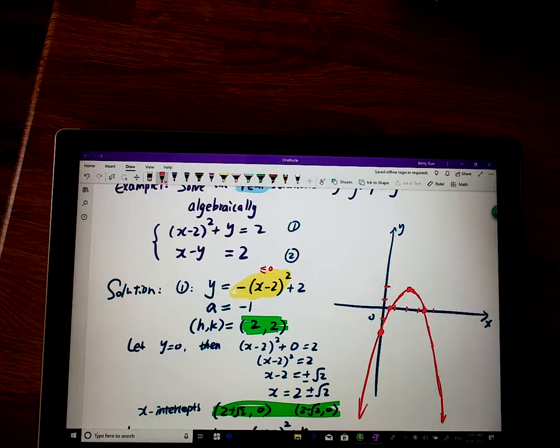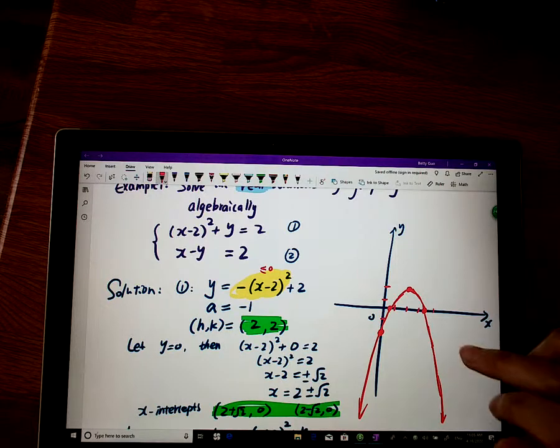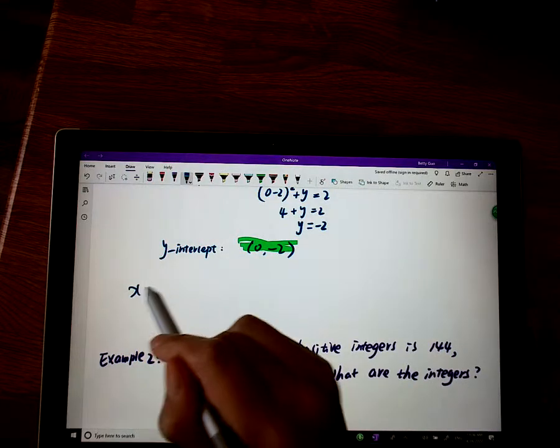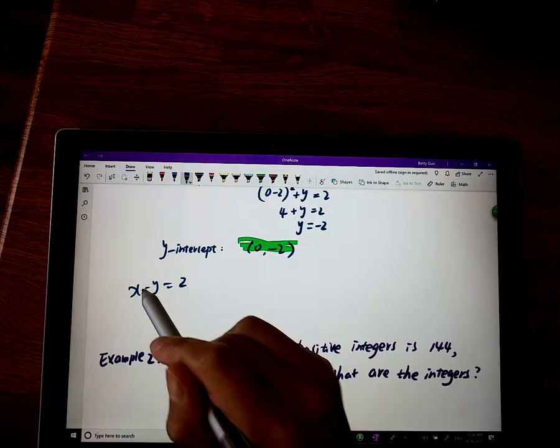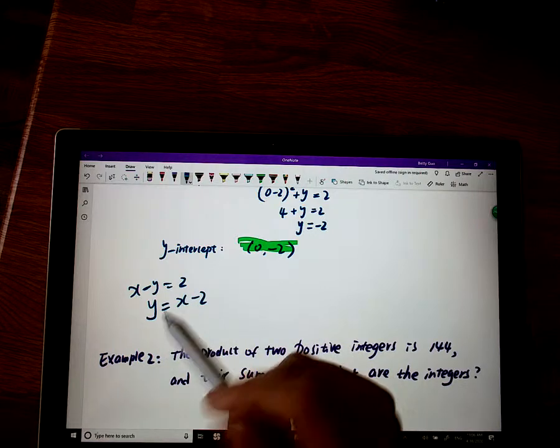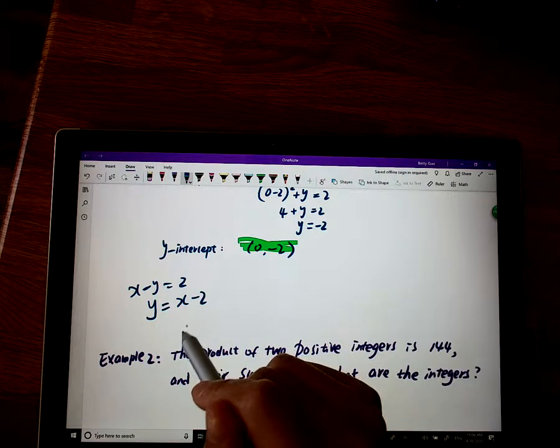For equation 2, let's see what the solution set of equation 2 is. As we explained, equation 2, x minus y equals 2, is a straight line. It is y equals x minus 2. Slope is 1.